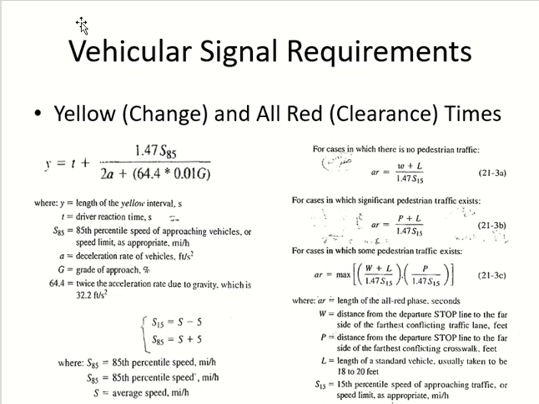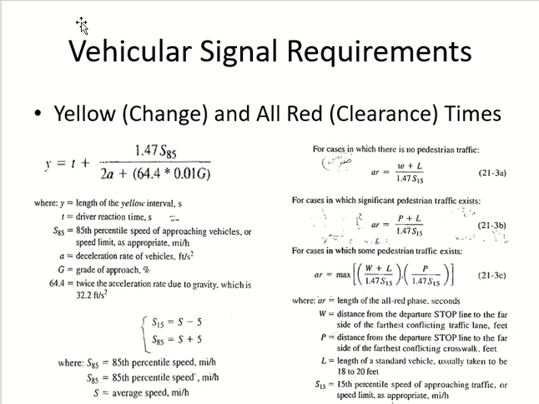Then we have S85, which means the 85th percentile speed. Now in which topic we found the 85th percentile speed? What was the topic? Spot speed. The only topic we did for speed.